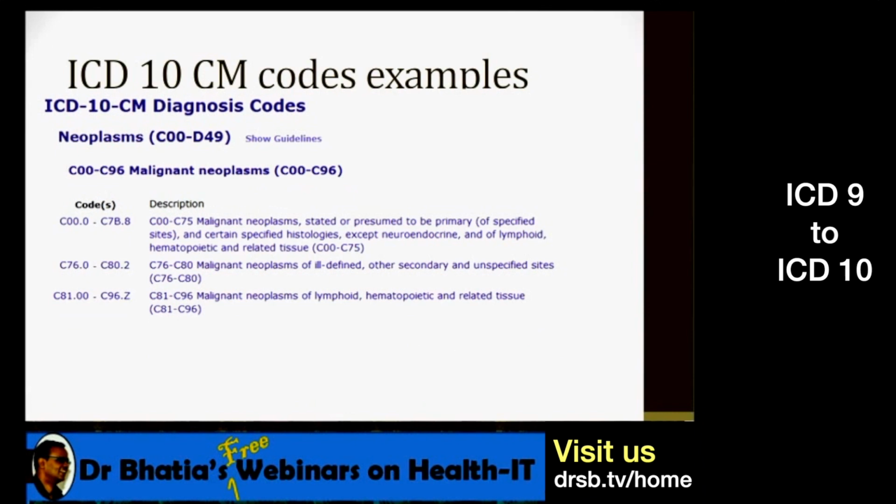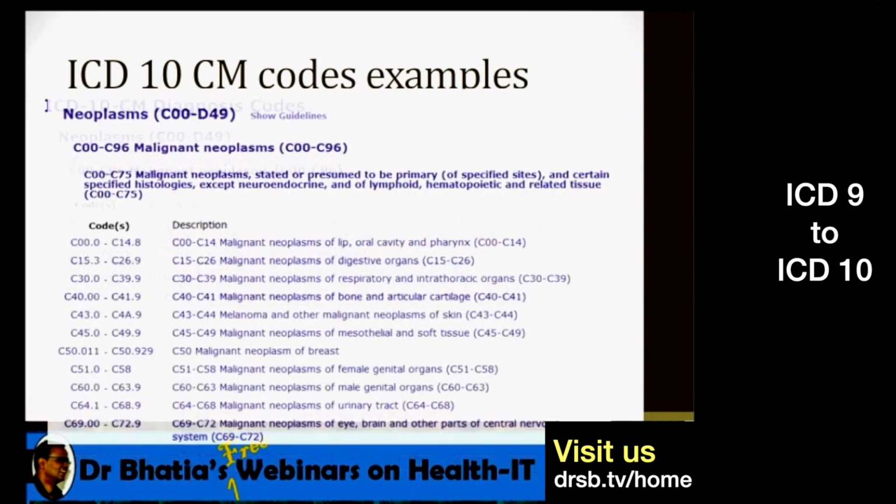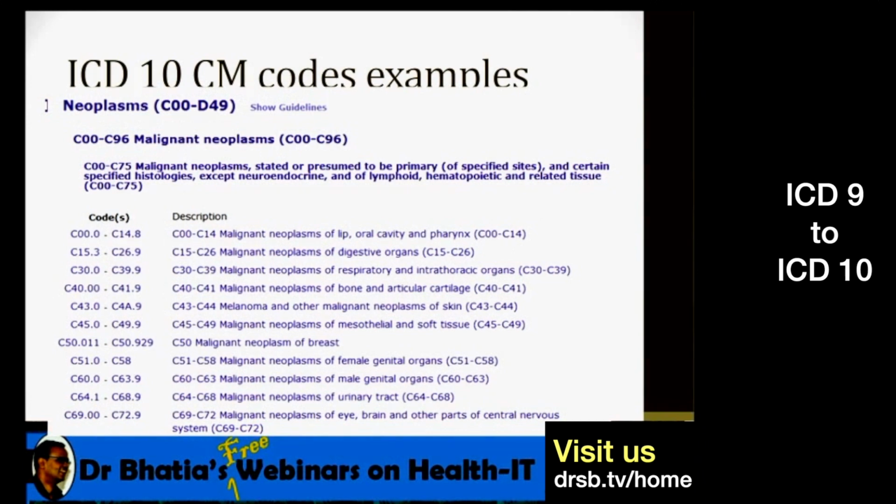If we go one level deeper, once again you can see C00.0 to C78.8, and here we are covering all various types of malignant neoplasms. This kind of makes coding more logical and easy because it is based on the behavior instead of basing it on the anatomy. However, one level deeper, it comes back to anatomical.